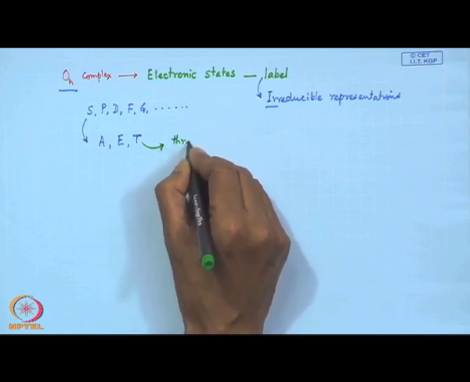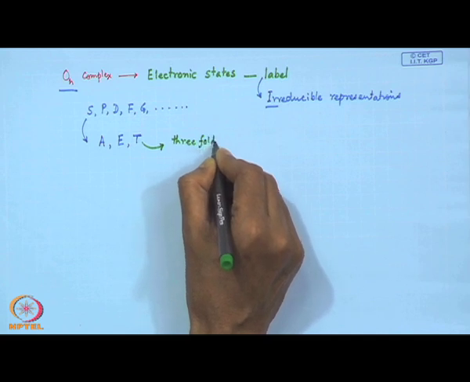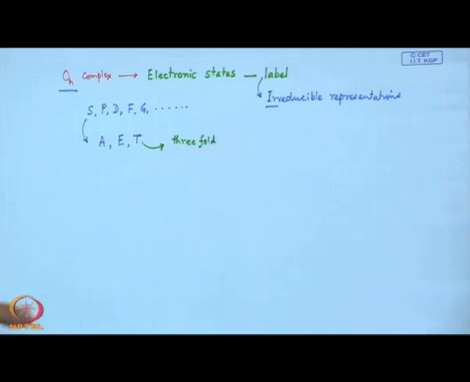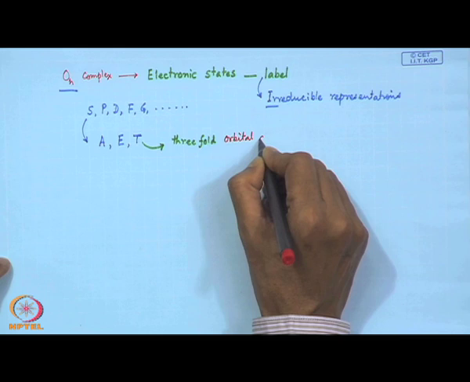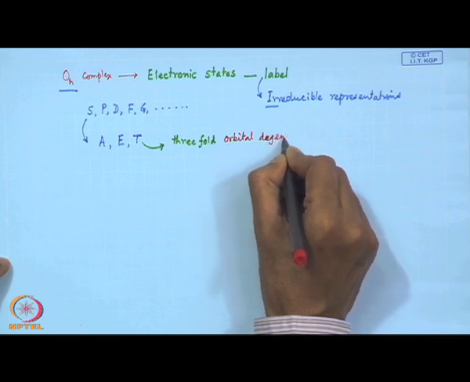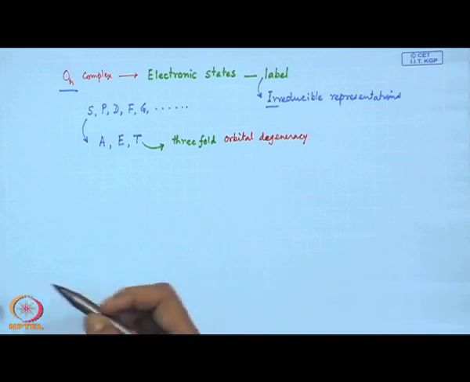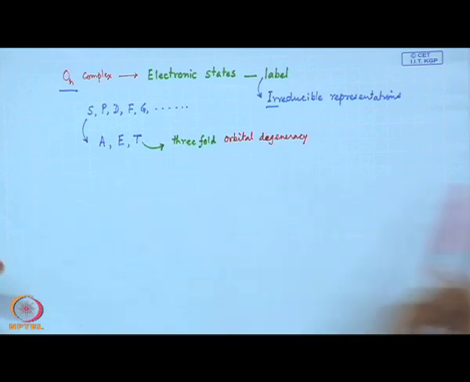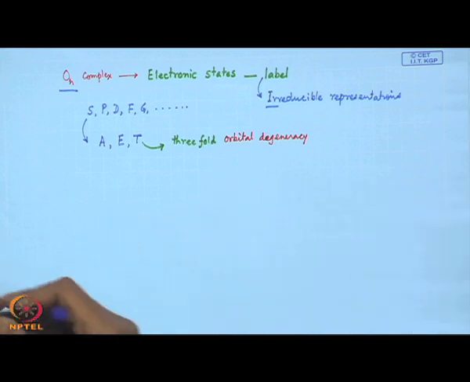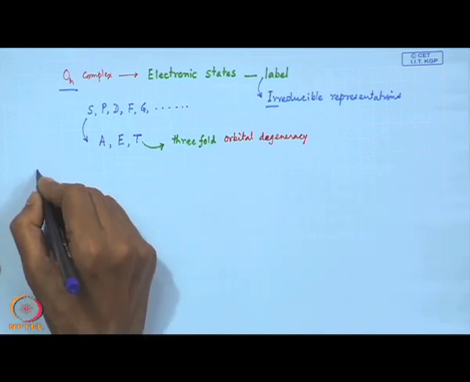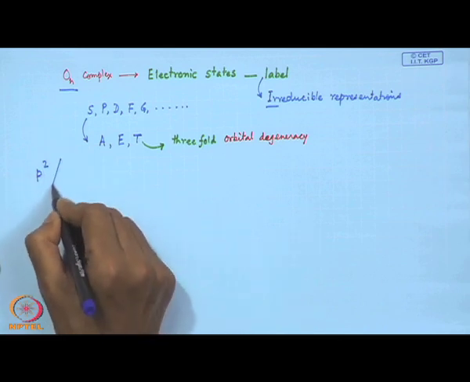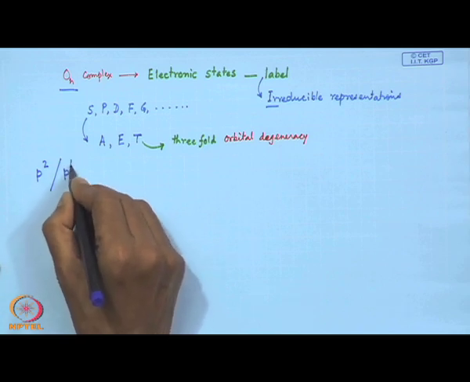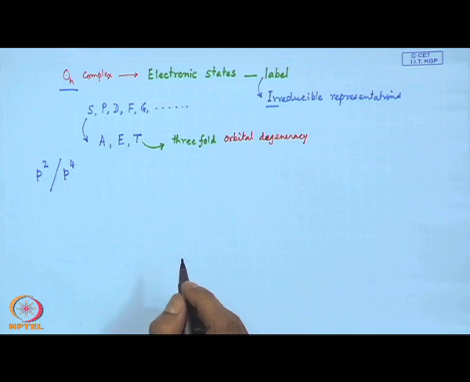This has the threefold orbital degeneracy, and that is basically the limit for the orbital degeneracy. So, what we find is that for a situation where we have the p2 electronic configuration, which has the corresponding hole equivalent, that means the number of holes present in a closed system is equivalent to p4 also.